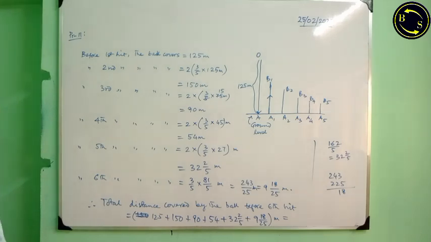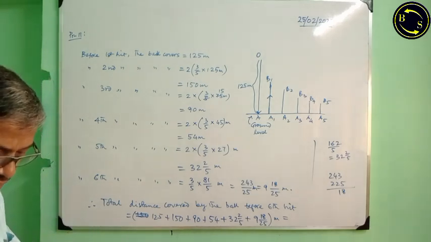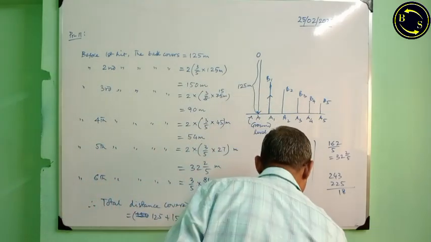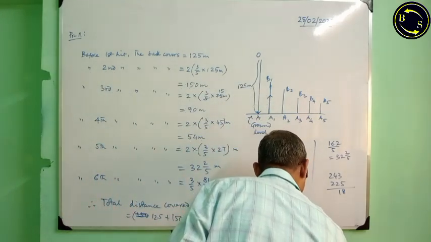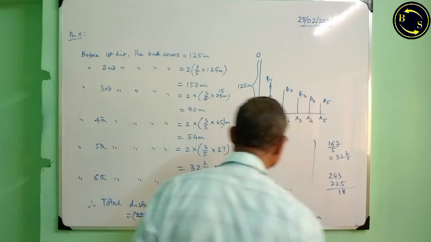You calculate yourself. I write the final result, that is 461 3 by 25, 461 3 by 25 meter.